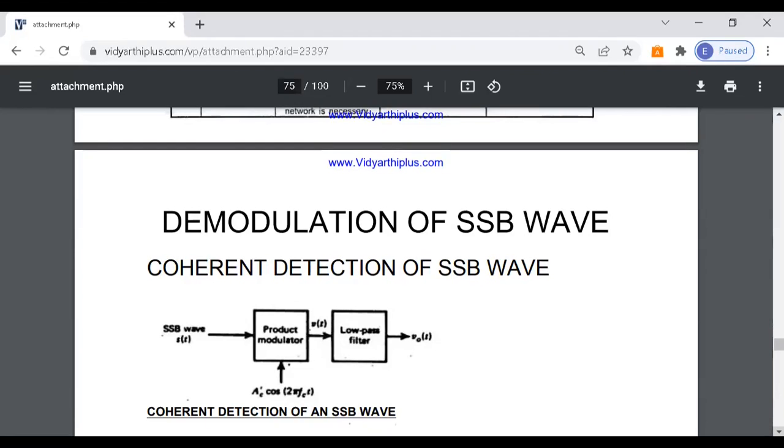So let us spend a little time on this block diagram. You get your signal loud and clear from the Kremlin to the White House.